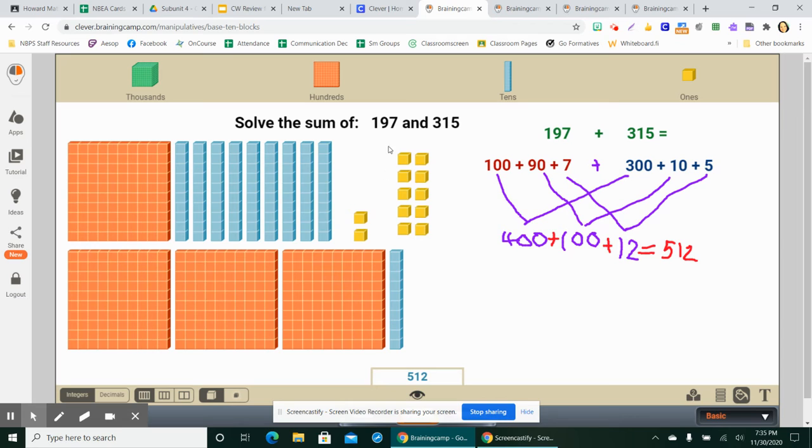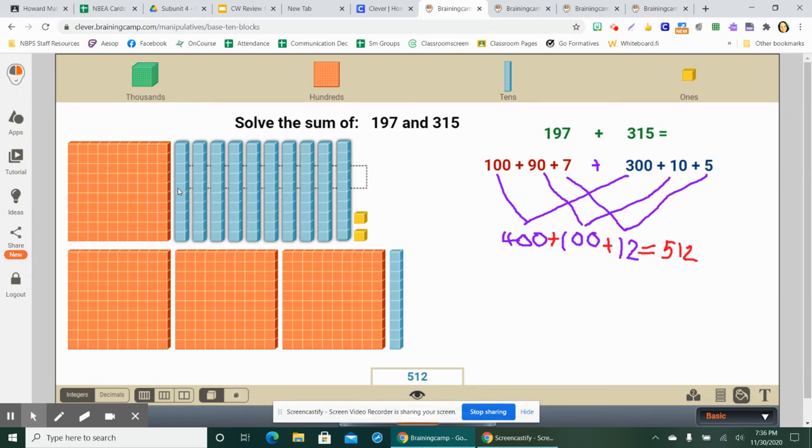Now, you could leave it that way and just draw a box around it, but instead I'm going to convert it. So I'm going to regroup it, and it's going to turn from yellow into blue, because I had 10. Now I can see I have 10 here, so I'm going to highlight them. It will allow me to regroup because there's 10.